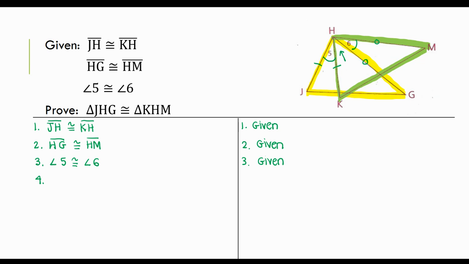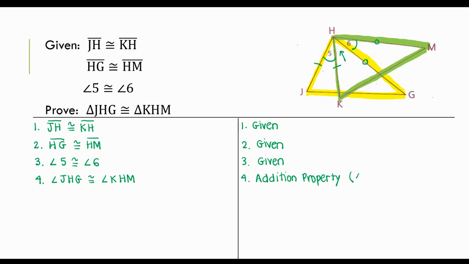Well, that's the addition property. So I'm going to say that the angle JHG, which is inside of the triangle, is congruent to the angle KHM. And like we said, that's something big. To go from something small to something big, it was the addition property.